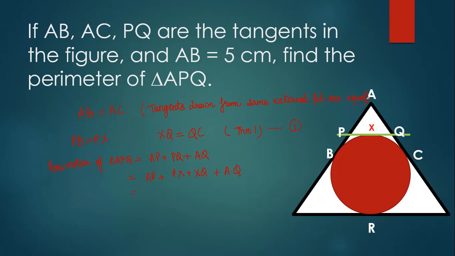Now from equation 1, we can see that PX is equal to PB and XQ is equal to QC. But here AP plus PB becomes AB and QC plus AQ becomes AC. And we know the measure of AB is 5 centimeters. So the perimeter will be 5 plus 5 equal to 10 centimeters. So this is the answer.